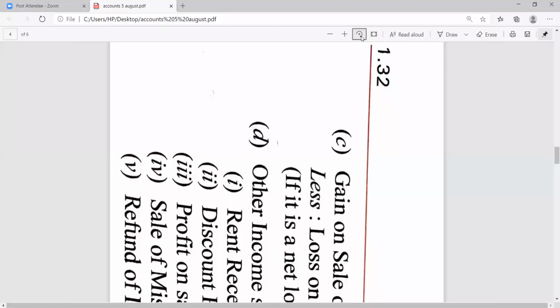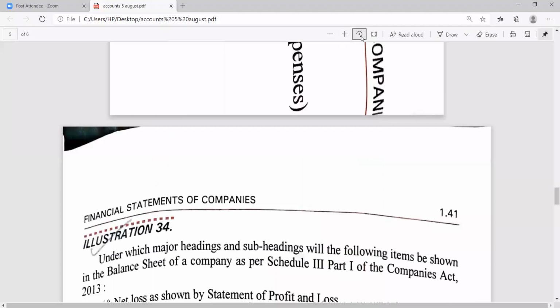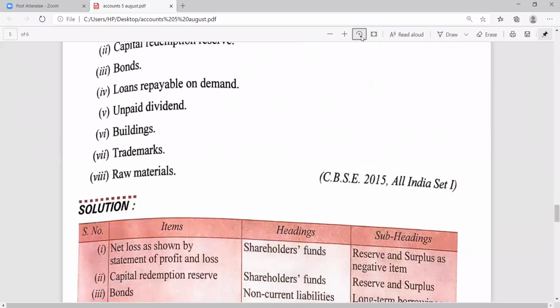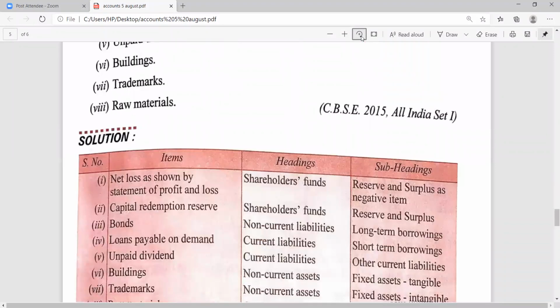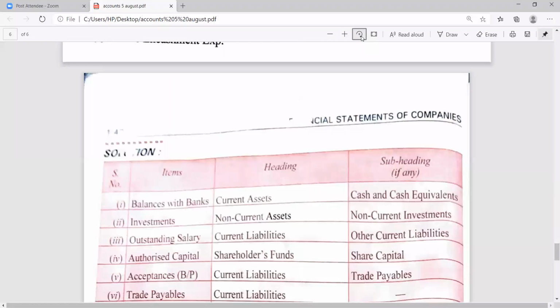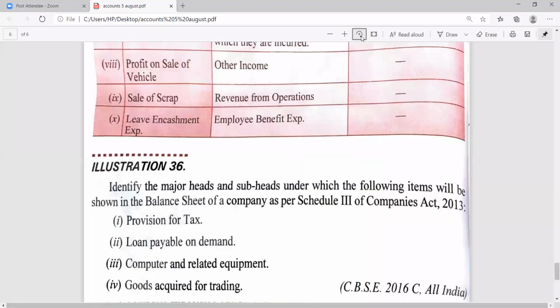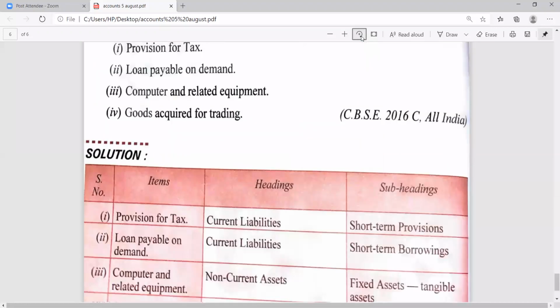Then we did illustration 34, which you find in All India set CBSE as well as CBSE 2015, question 35 in CBSE 2013, and question number 36 in CBSE 2016 set C. So these are the various types of questions that you find in your examination. This is all about chapter number 1, financial statements of companies.